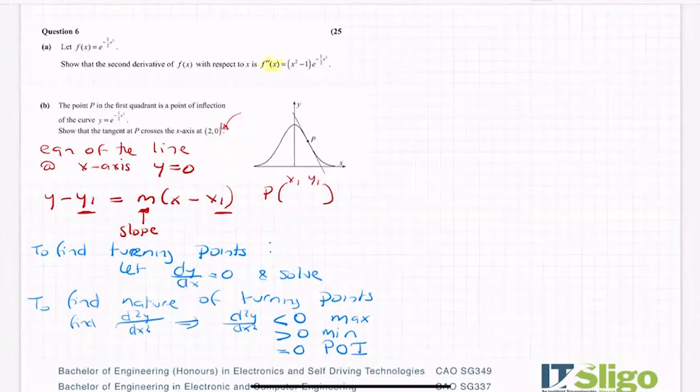So now how do I use it? Well, it's a point of inflection. So therefore, my second derivative, which is (x squared minus 1) times e to the minus a half x squared, must be equal to 0. It has to be that if it's a point of inflection, because that's what the theory down there told me.